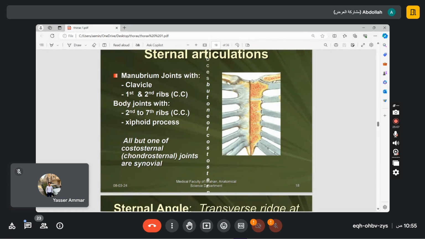The suprasternal part is located alongside the second vertebral bone. The sternal angle joins with the second to seventh ribs. Here it is located between the disc of the 4th and 5th vertebral columns, and here it is located alongside T9, or thoracic vertebra 9.